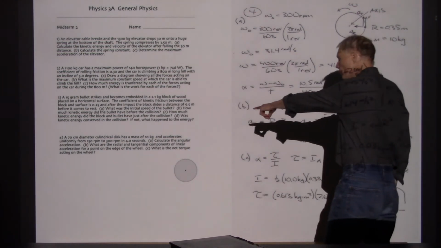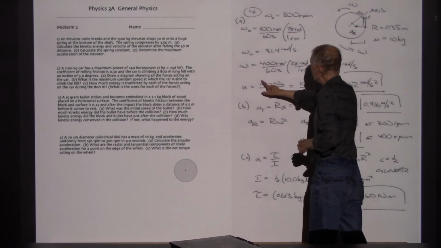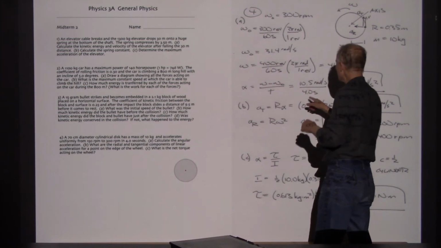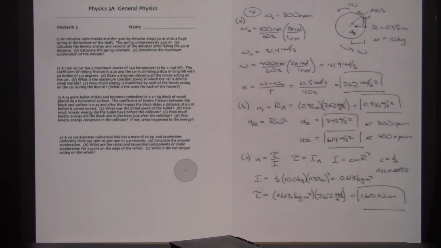In the first part, A says, what is the angular acceleration? And I can get that as omega minus omega naught divided by the time. So there was a 4-second period, they tell us, during which the acceleration took place.